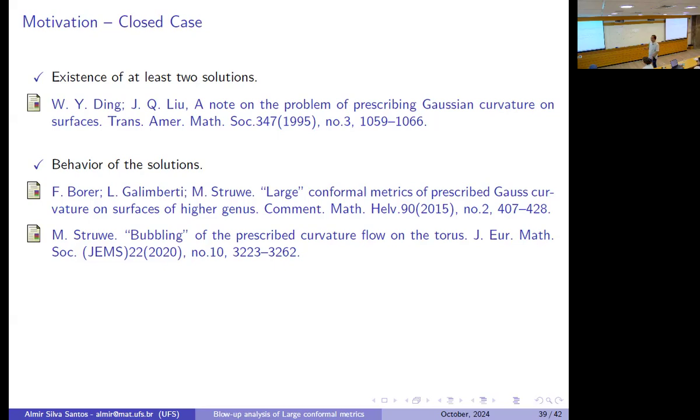Then Borer, Galimberti, and Struwe in '15 used this technique to give this description of this family of solutions in the closed case. But they only gave the two conditions, when that quantity goes to infinity and when the quantity is bounded, and then afterwards they prove that the second case cannot happen because of the Liouville type results.